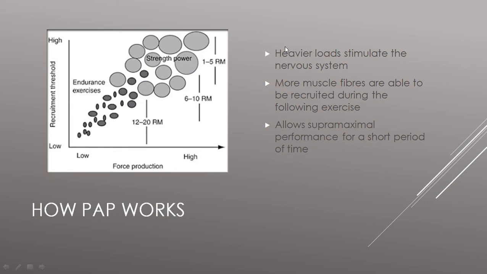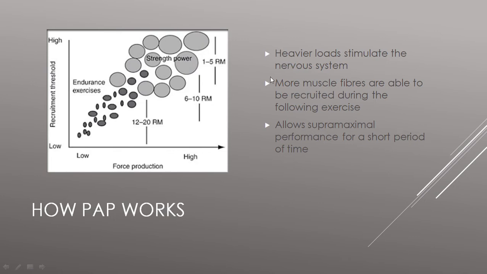So if we do that back squat like we had earlier in that example, we recruit these very high threshold motor units. We can then use all those high threshold motor units to maximum ability in the following exercise that we do, even though theoretically they should be activated anyway.